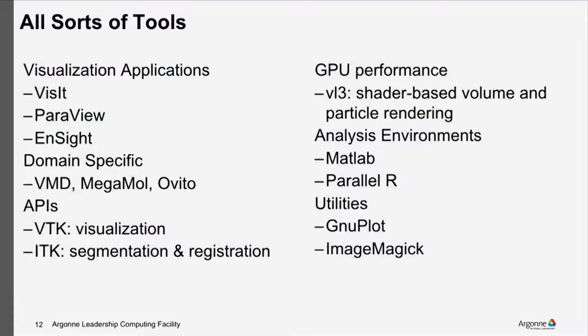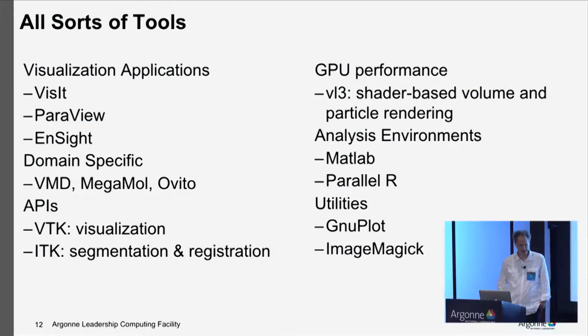So a little bit about some tools and different data formats. There's all sorts of tools out there for doing visualization in this space. There are a number of open source applications that are intended for doing large-scale parallel visualization. VisIt and ParaView are a couple of the primary examples. And again, we have representatives from those teams here that are going to do some hands-on work with us today.